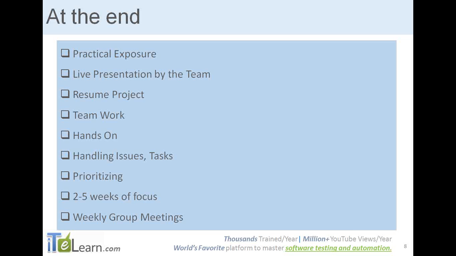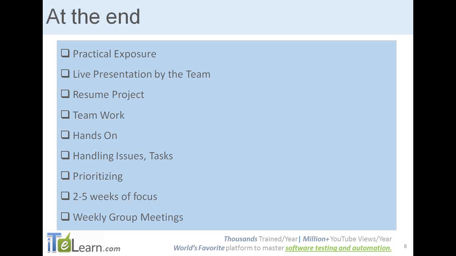Then how to handle issues and tasks. If any issue arises in the scripting or during execution, how you should handle it. Based on your experience as you get to work in this particular live project, you would be able to handle that as well.